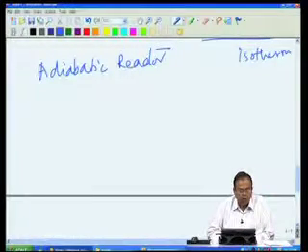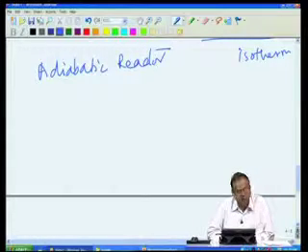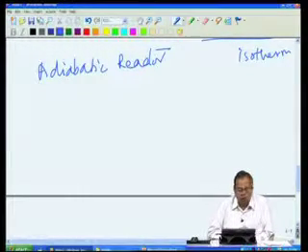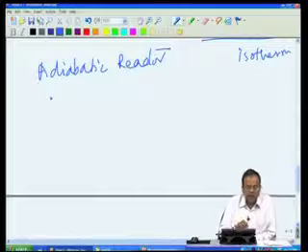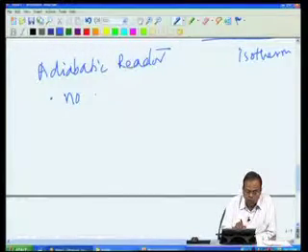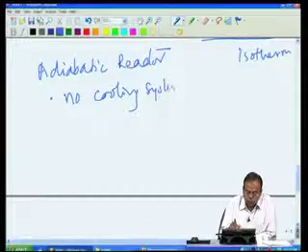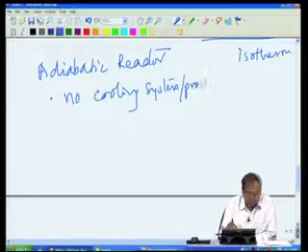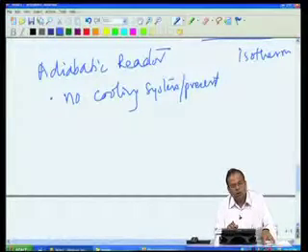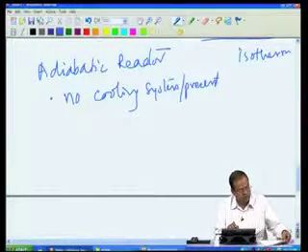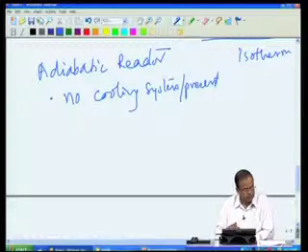Now, where do we come across such situations? One case where an adiabatic reactor may actually be operating is when there is no coolant or no cooling or heating system present.